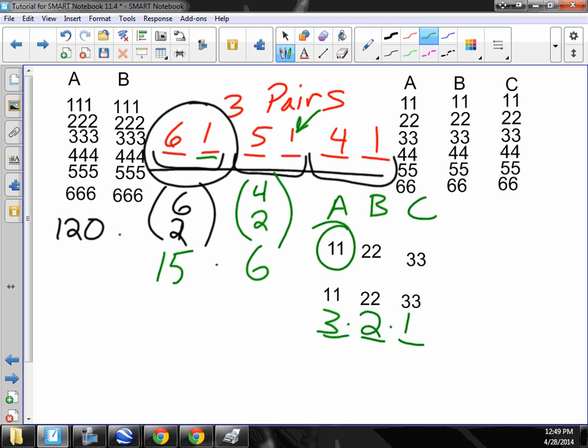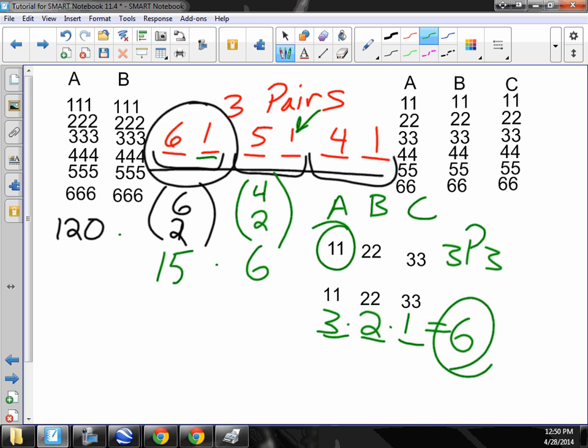Times 2 times 1, which is 6, and 3 times 2 times 1, by the way, is 3P3. So what does this number tell me? I counted every number 6 times. So my answer is 6 times larger than it's supposed to be. Because there are 6 ways to do 1, 1, 2, 2, 3, 3.